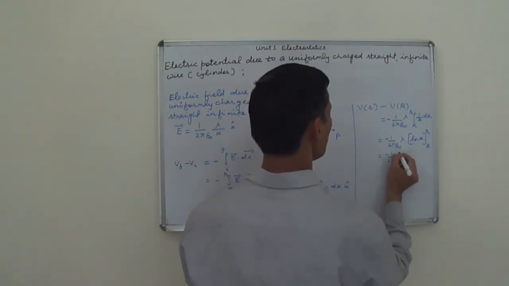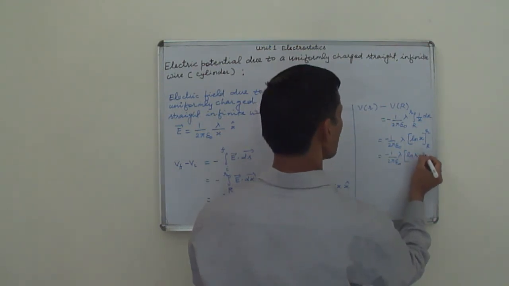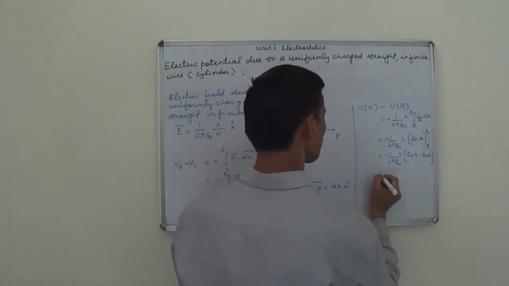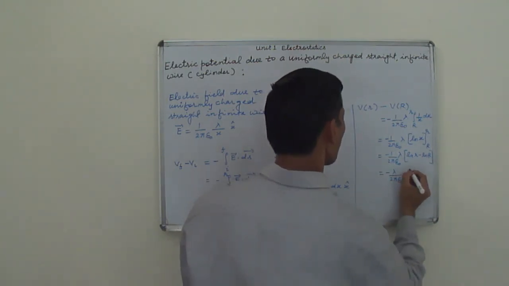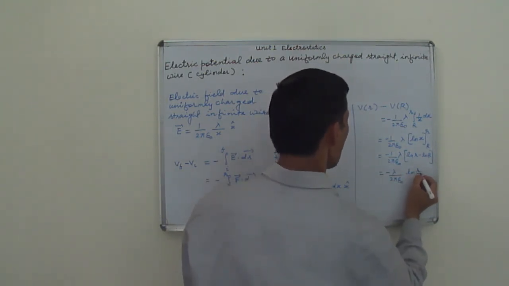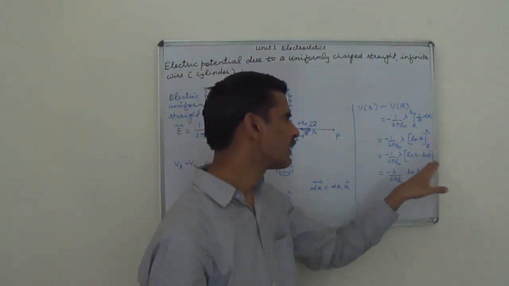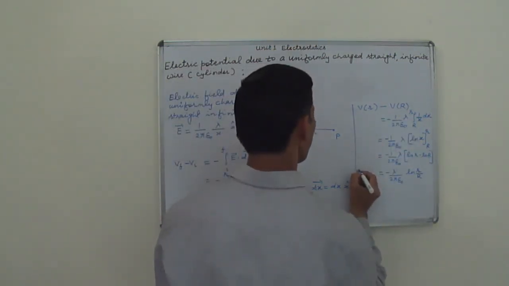So it is equal to ln small r minus ln capital R. So this is equal to minus lambda upon 2 pi epsilon naught ln small r upon capital R. Log m minus log n is equal to log m upon n. Here on the left hand side you have V r minus V capital R.